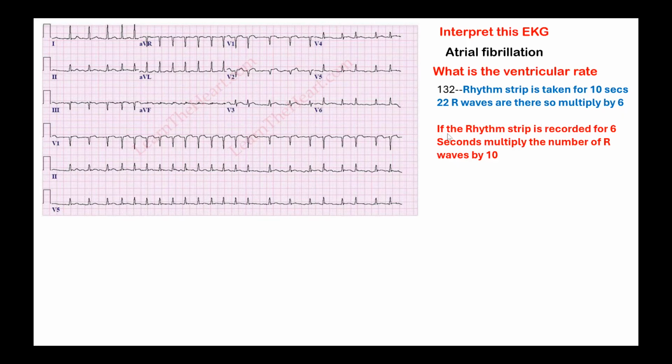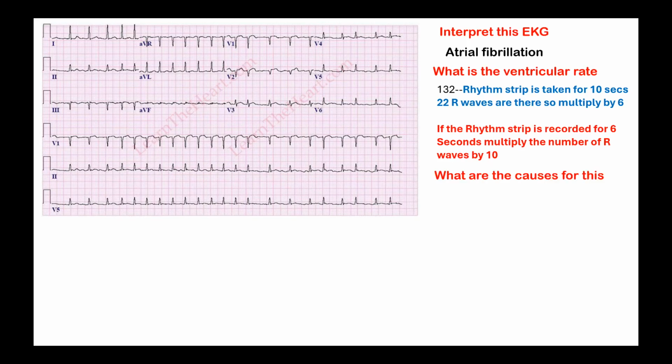Then you will get the rate. Or if it is a 6 second rhythm strip, multiply it by 10. So here, this is 1 R wave, 2, 3, and so on. 22, sir. So there are 22 R waves here. So 22 into 6 is 132. So you can say exactly the ventricular rate.